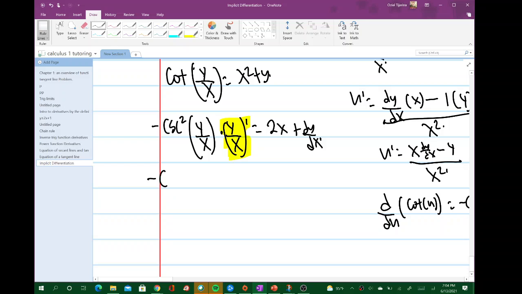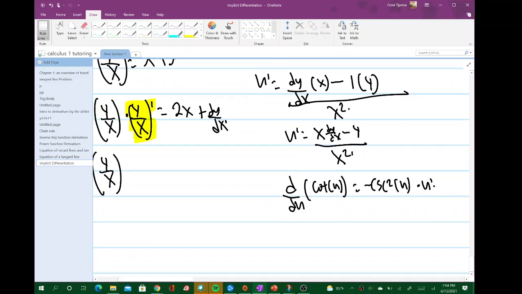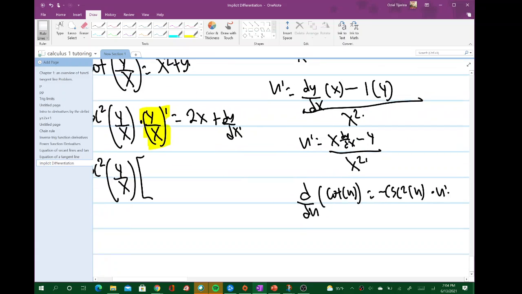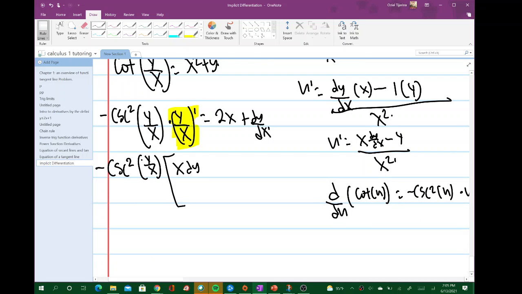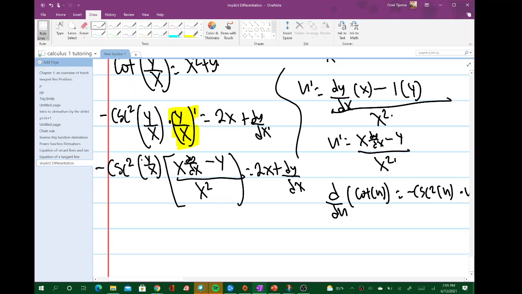We have negative cosecant squared of y over x times x dy dx minus y over x squared equals 2x plus dy dx, right?